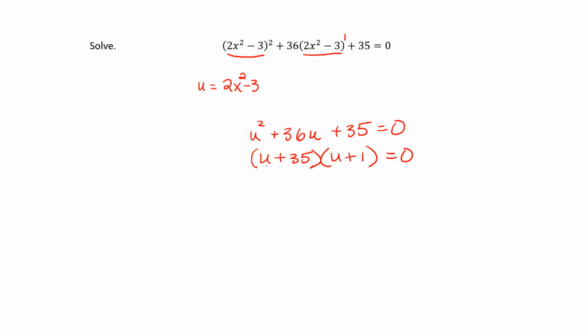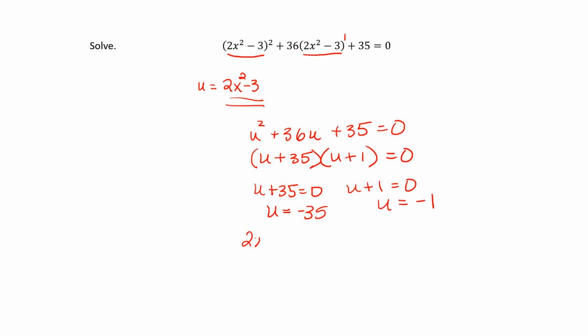And so, since you have two factors multiplied together to give you 0, one of them has to be 0. So u plus 35 might be 0. U plus 1 could be 0. So u would be negative 35 and u could be negative 1. These are our two solutions. So I have the solutions for u, but I don't really want to know what u is. I want to know what x is. So I'm going to put that value back in for u.